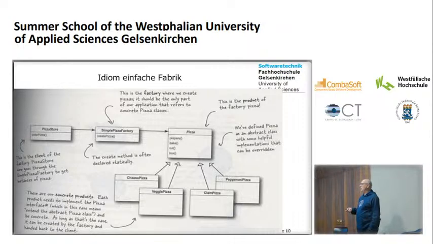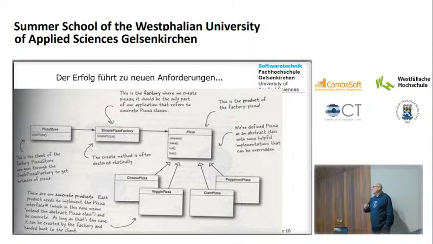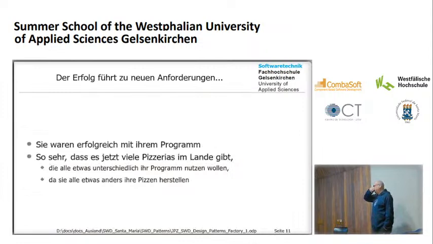You have the concrete pizzas, which are cheese, veggie, lamb, and pepperoni. If you want to add a new pizza, it's easy, you add it just here. That's the point. You have one place where you create pizza. It's like in the pizzeria, one place where they are making pizza. Okay.